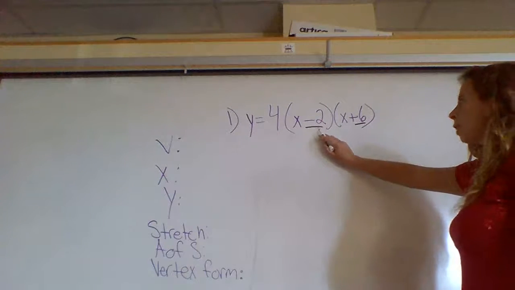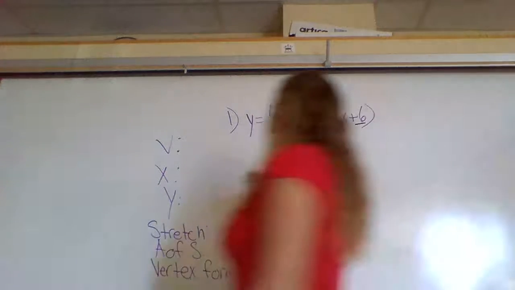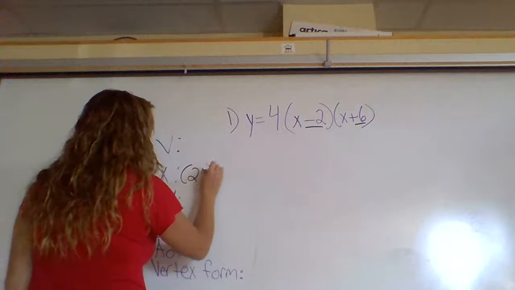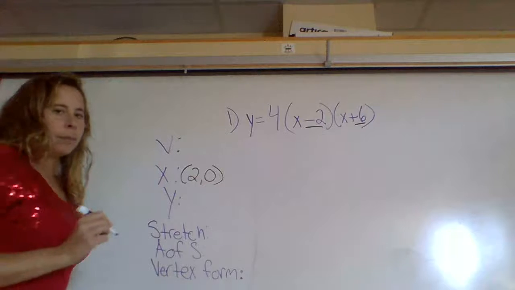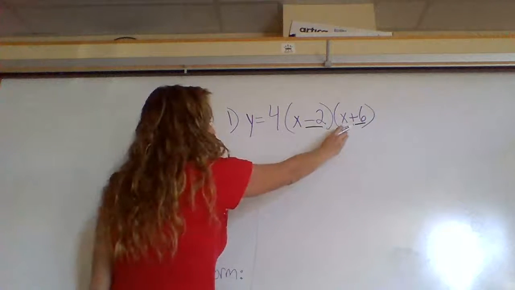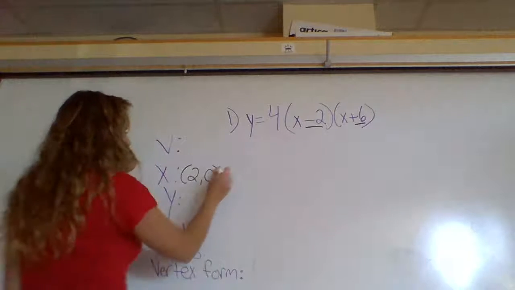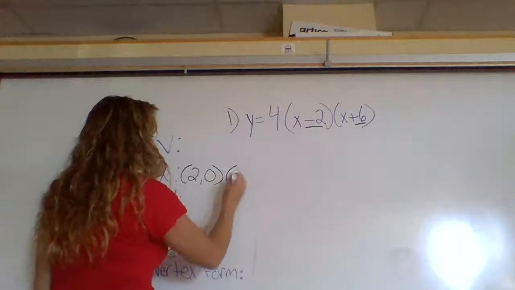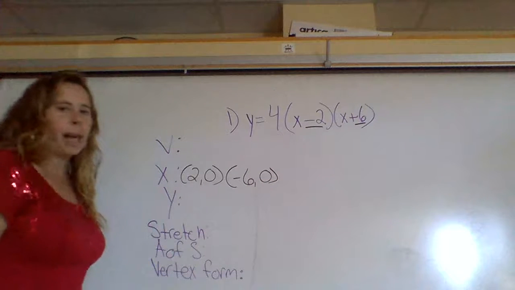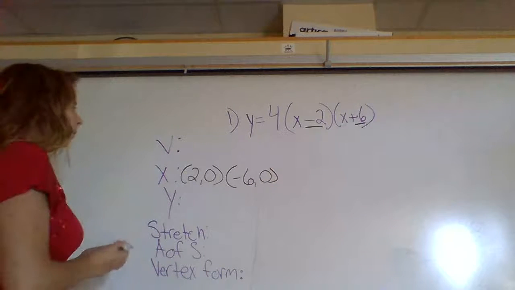One x-intercept is going to be positive 2, so you write that as (2, 0). The other x-intercept is going to be the opposite of positive 6, which is negative 6.